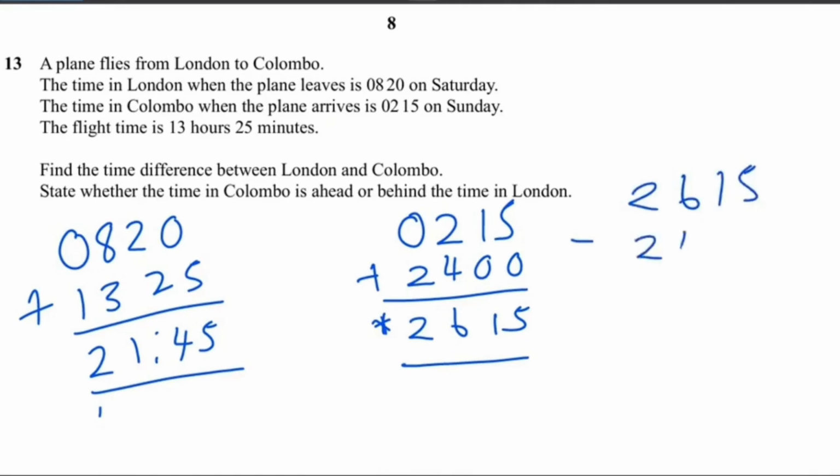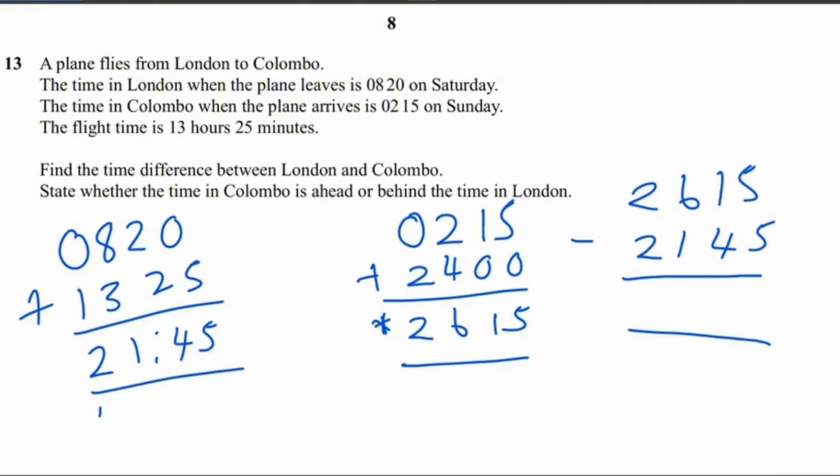Okay, so here you can use two methods. You can use a method of counting, or you can use a method of subtraction. When you use the method of subtraction like the one that I'm writing here, you must take note that when you are converting hours to minutes, each 1 hour which you borrow is equal to 60 minutes.